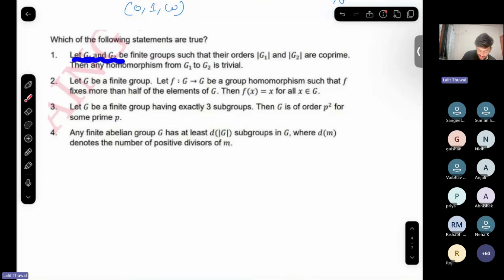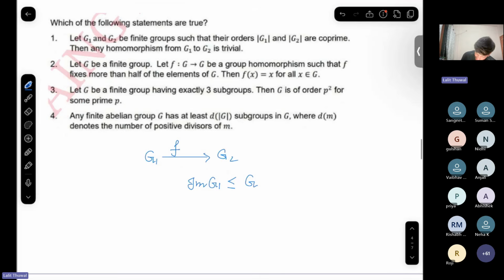Which of the following statements are true? Let G1 and G2 be finite groups such that their orders, order G1 and order G2, are co-prime, then any homomorphism from G1 to G2 is trivial. That's very obvious. See, suppose F is a homomorphism from G1 to G2, right? Then image of F is a subgroup of G2, so the order of image of F should divide order of G2.